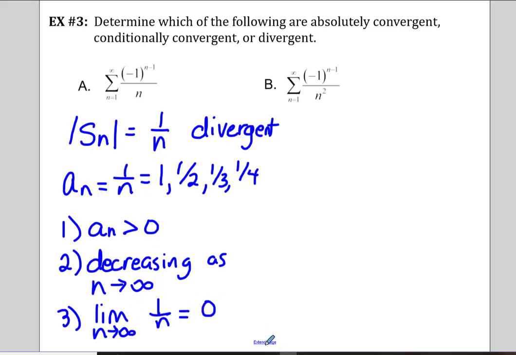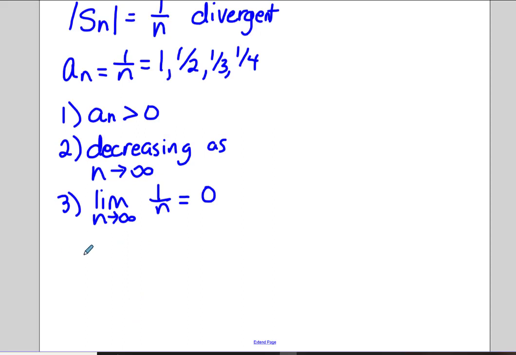So it meets the conditions, but our problem is that the summation converges, but the absolute value diverges.